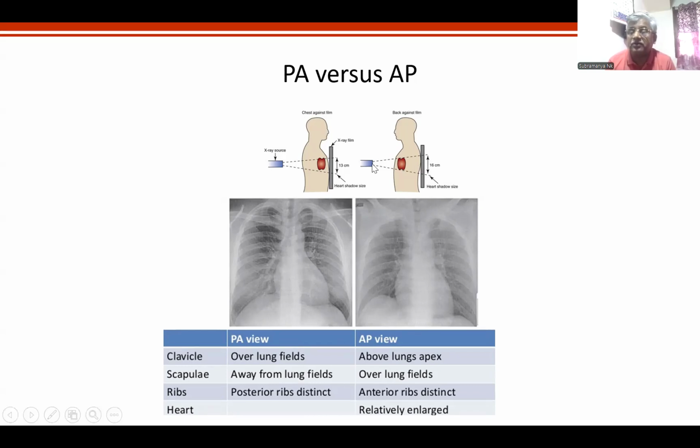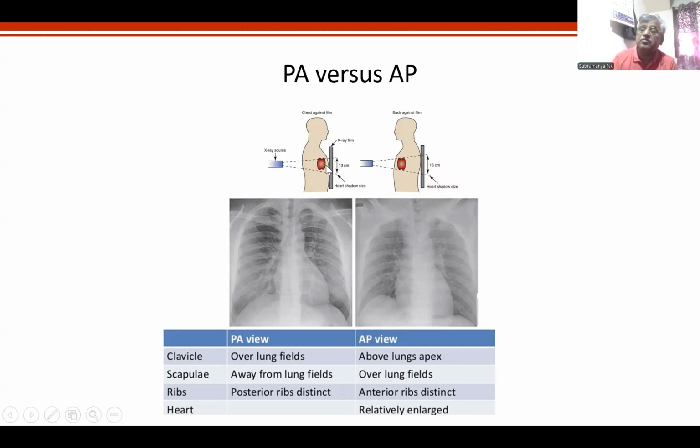See, this is a portable film, and from here I'm taking the heart. This is 16 centimeters. Whereas this X-ray source is far, with non-divergent, parallel X-rays, and therefore it gives 13 centimeters. So heart size becomes larger in an AP film because X-rays are divergent.